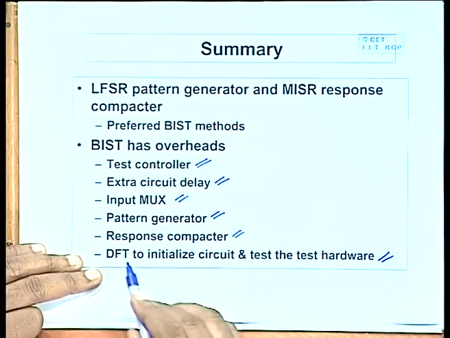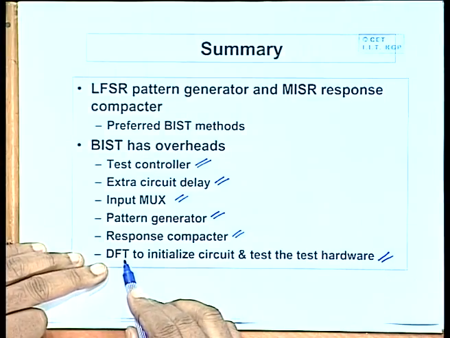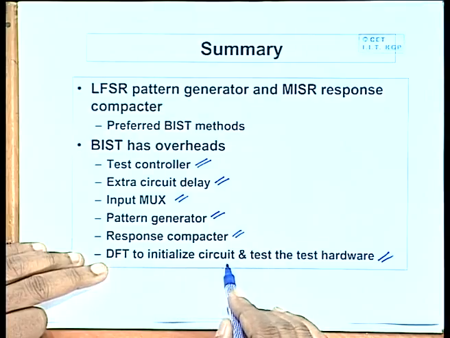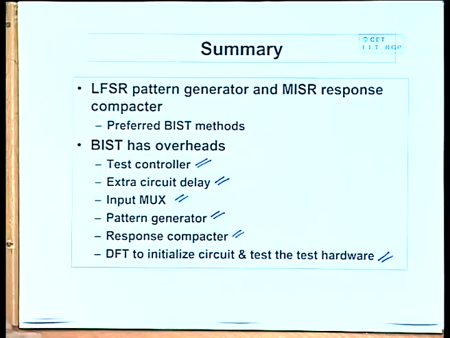And in addition you need some DFT schemes for the purpose of initializing the circuit, because BIST is fine, but you will also have to initialize the circuit to a known state, particularly if it is a sequential circuit. If you cannot reset the flip flops to a known state, your signature can also vary.